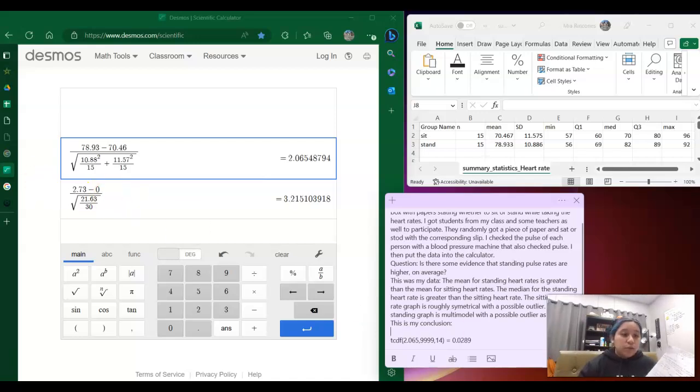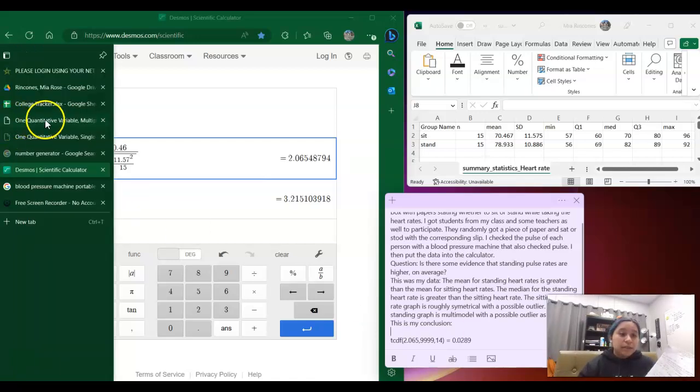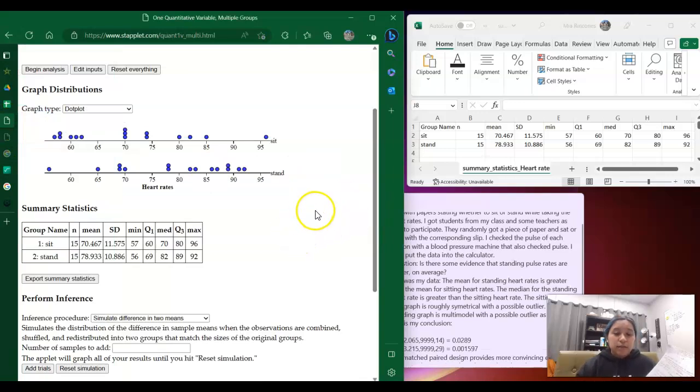So we got our p-value, and what does that mean? That means we reject the null hypothesis, and we have convincing evidence that standing pulse rates are higher on average. What does that mean in terms of day-to-day life?